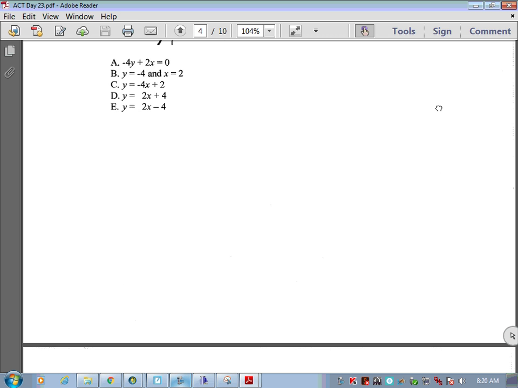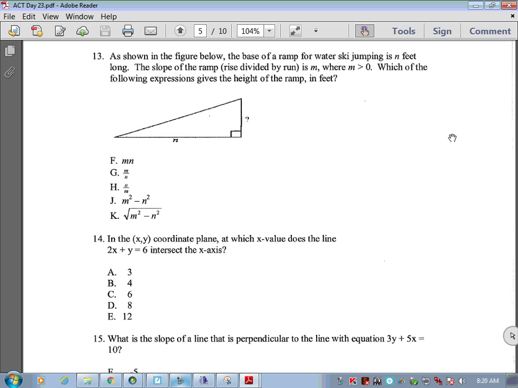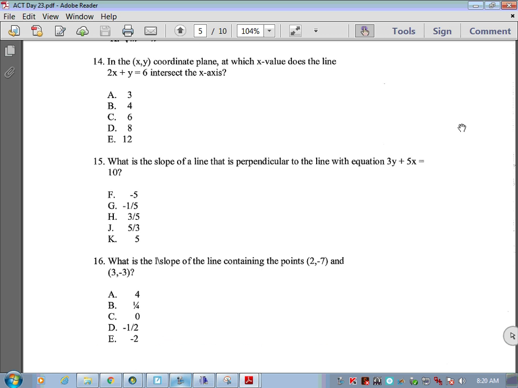Okay. 13. 13, I'm sure, is going to be one that's going to have some questions involved. 13 is F, M, N. Okay. All right. 14 is A, 3.